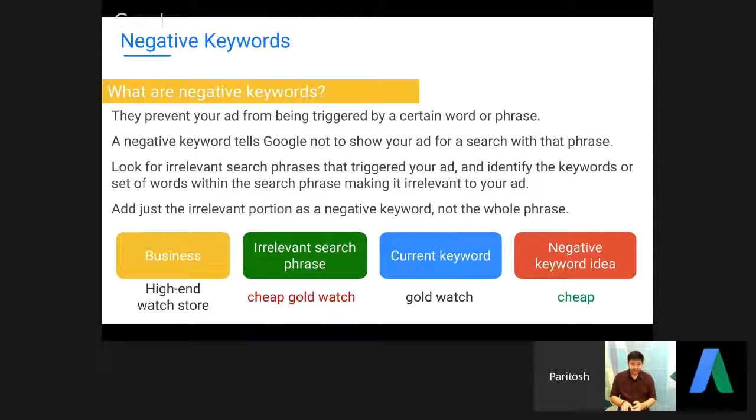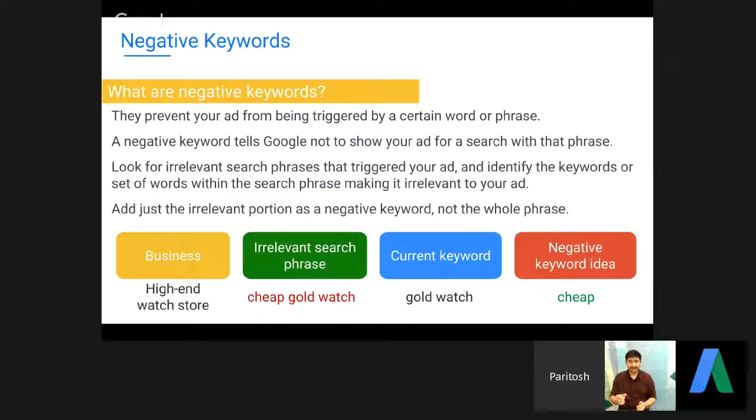Okay, one very important thing to also keep in mind are negative keywords. Now, let's look at the example here in the slide. As you can see here, we are a high-end watch store, which basically means that we are selling slightly expensive watches. And we find out that our ad is also triggering for a query like cheap gold watch. But what we're actually selling is a proper gold watch.